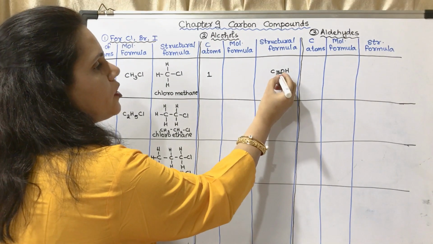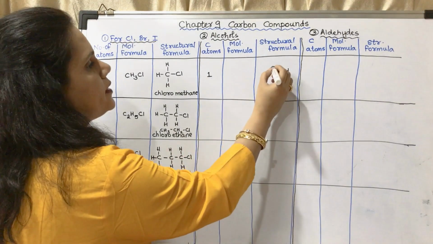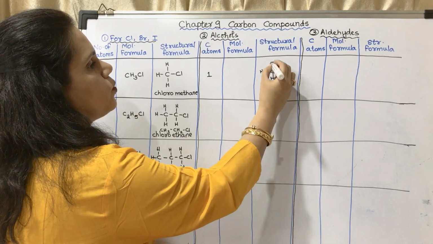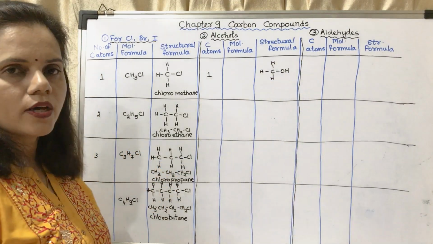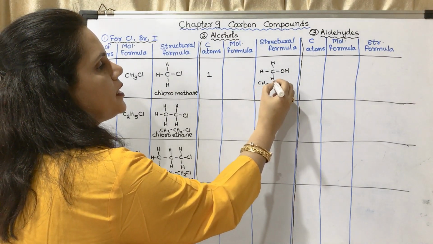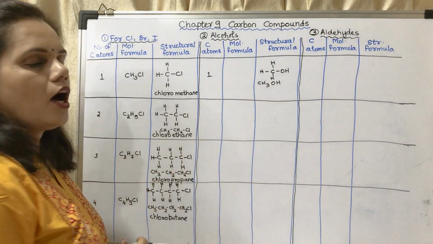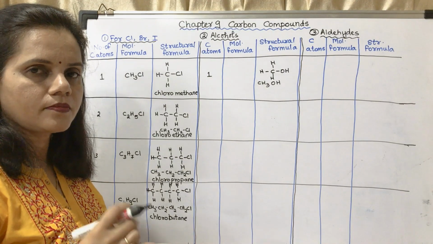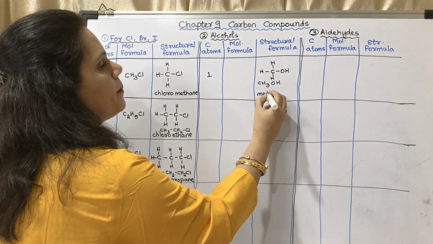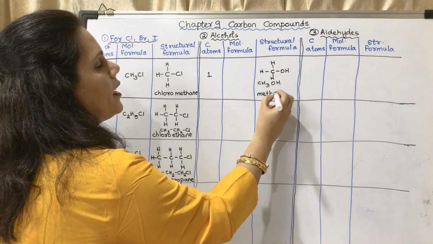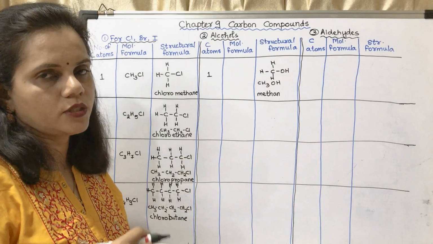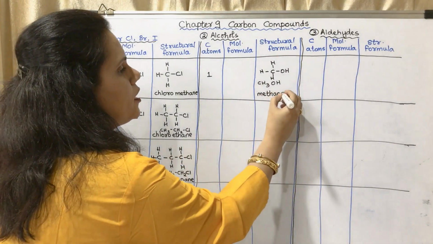So after drawing one OH, 3 lines are left, with 1 H each. What will be the condensed structural formula? It will be CH3OH. How many carbon atoms? 1. So I will take it as methane. I have to take the parent name and then add the suffix. What is the suffix? The suffix is OL.